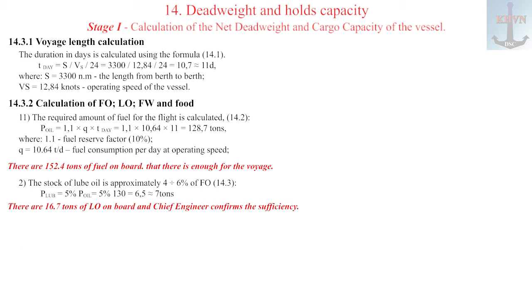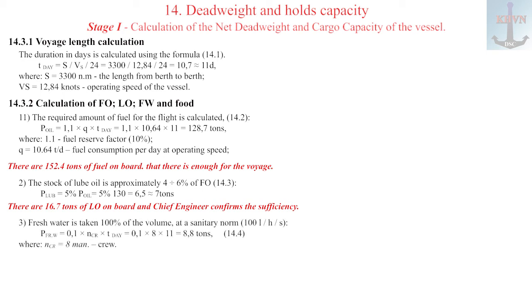3. The supply of fresh water for the needs of the crew for the voyage is taken as 100% of the volume of fresh water tanks, and the minimum is determined from sanitary standards, 70 to 100 liters per person per day, formula 14.4. We need 8.8 tons of fresh water for 8 persons of crew. According to good marine practice, we bunker with water up to 100%.